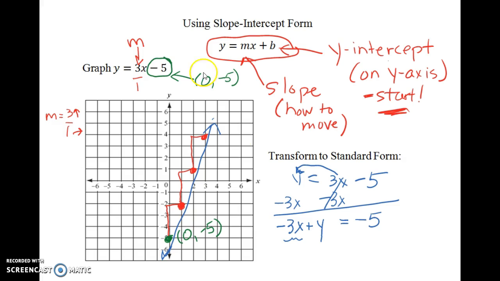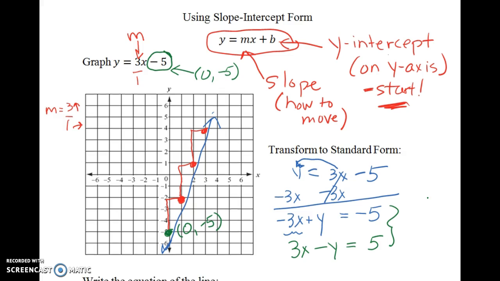So in that case, your final answer would be positive 3x minus y, because everything is opposite, equals positive 5. So these two are your standard forms, and for me, they're both equivalent. Okay, that's how you transform or change that equation to standard form.